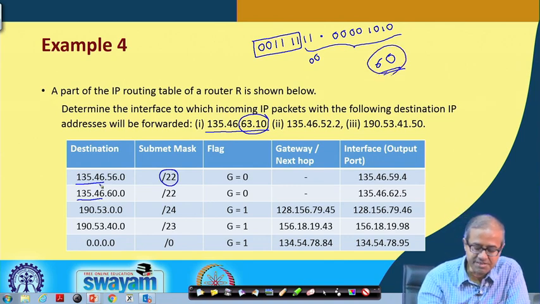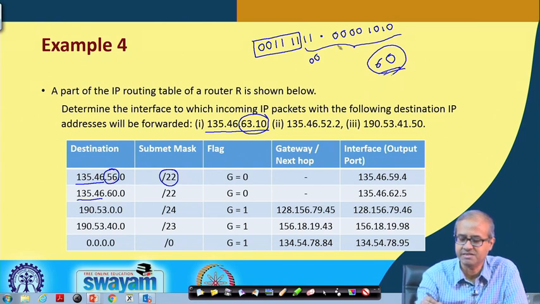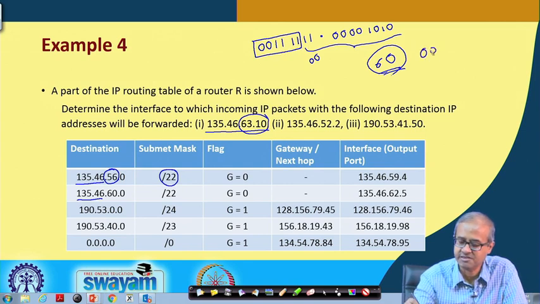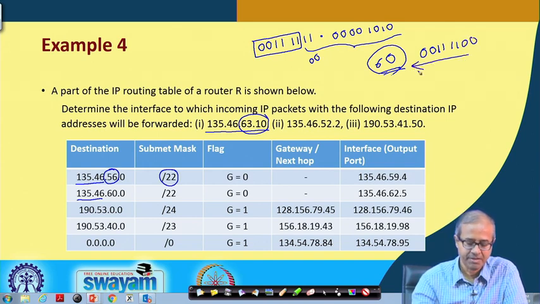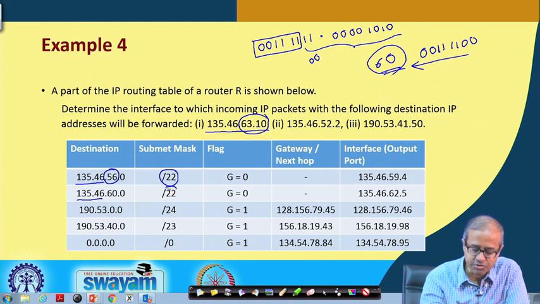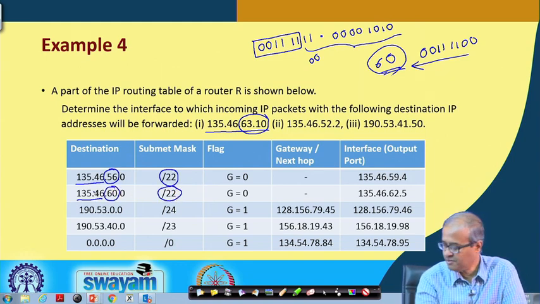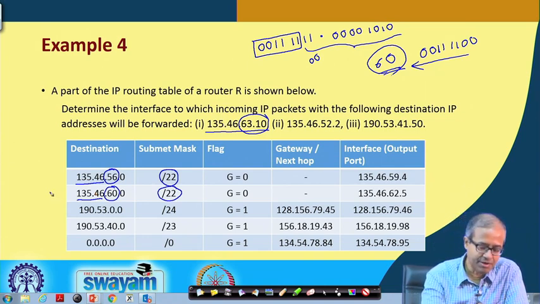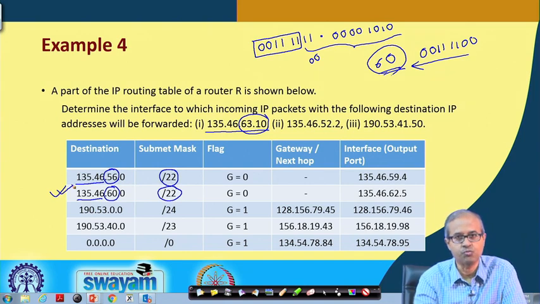So, you see in the first entry it is 56, so it is not matching. 0011 1100, this is 60. Okay. But in the second entry here also we are looking at 22 bits, but here it is 60. So, for the first example there will be a match found with row 2.